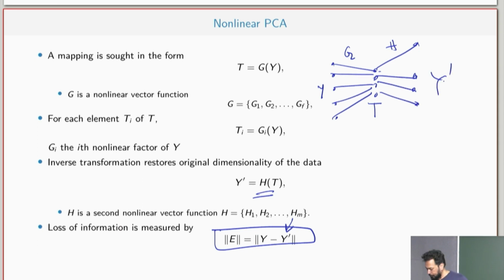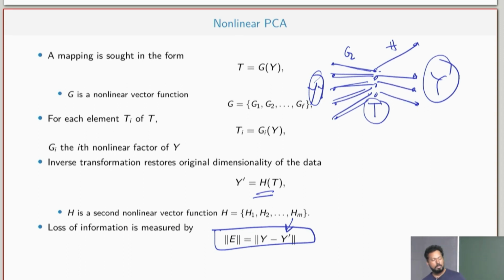Okay. So the input was Y, it went through some nonlinear map G, I got some intermediate output T, and then I did an inverse transform to get Y prime. And it is nonlinear because this mapping is nonlinear. So G and H could be some nonlinear functions. And what is the best nonlinear function?